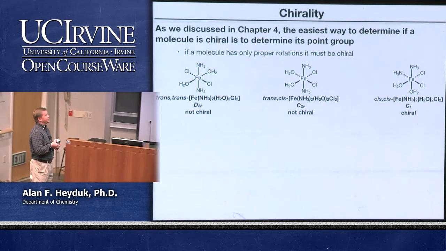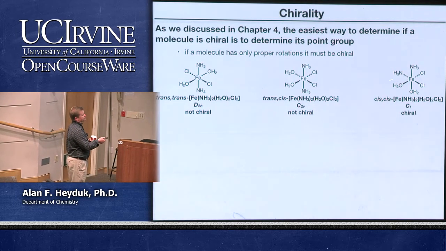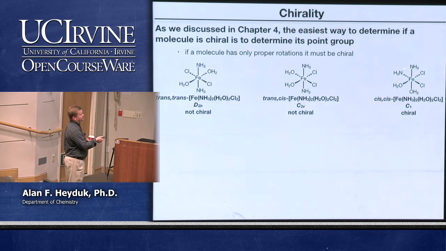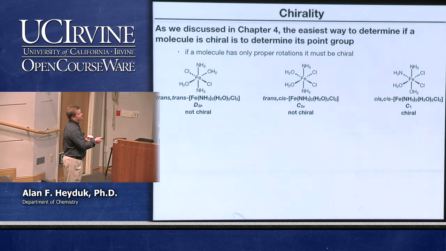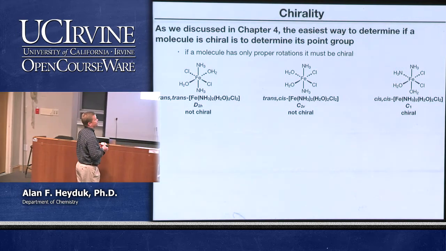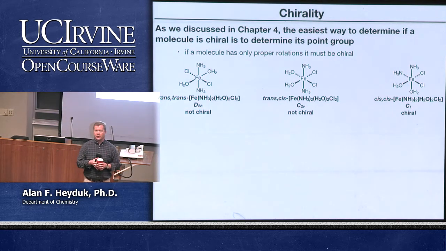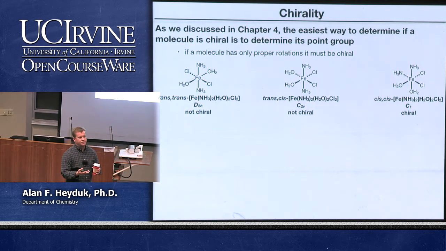If we go to the cis-cis isomer, the first cis tells us that the amines are cis. The second cis tells us that the aqua ligands are next to each other related by 90 degrees. And by default, the chlorides have to be related by 90 degrees in a cis conformation. That molecule is C1 symmetric. No mirror planes, chiral.